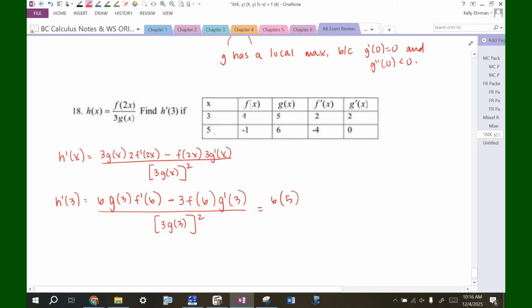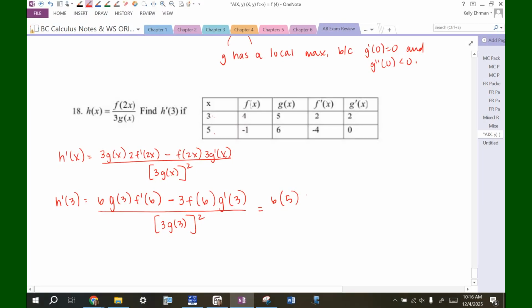I have that my answer is like still in terms of f prime of 6. Yeah. Okay. Anyway, so I'll fix that on my key too. So I don't know where this original problem came from. Otherwise, I would go try to find it. Okay. So anyway, let's do that then, because we don't have the 6 information.